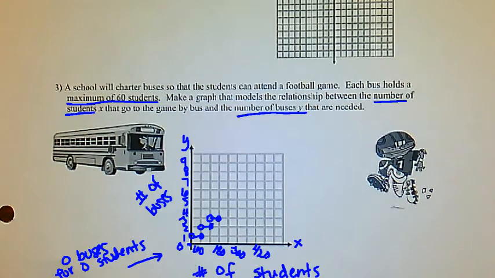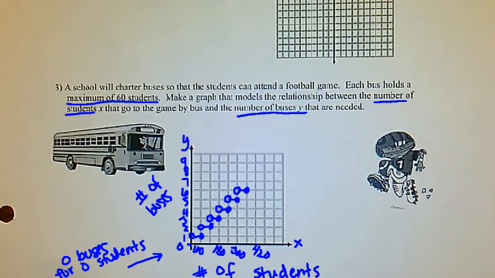okay, so this is a good representation of a step function, because we can't have 1.5 buses, right? We can only have whole number buses. We wouldn't jump up to the 5th bus unless we had, let's see, like 241 students. So it'd be right after that one. So that's why that's a step function.